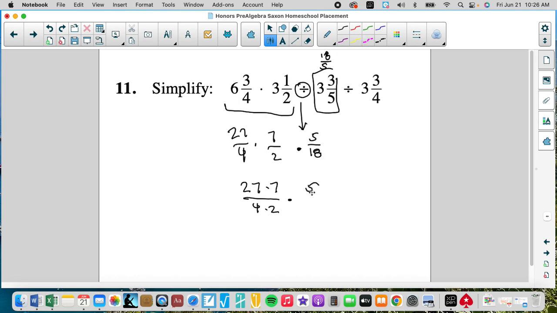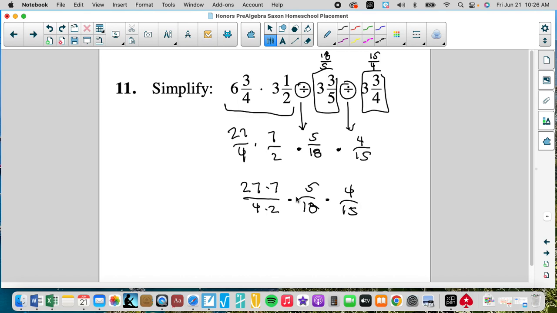So that's times 5/18. And then we're going to also take that and convert that to multiplication. And again, we have to convert that to an improper fraction. 4 times 3 is 12, plus 3 is 15 fourths. And then when we convert from division to multiplication, we take the reciprocal, so that is 4/15.